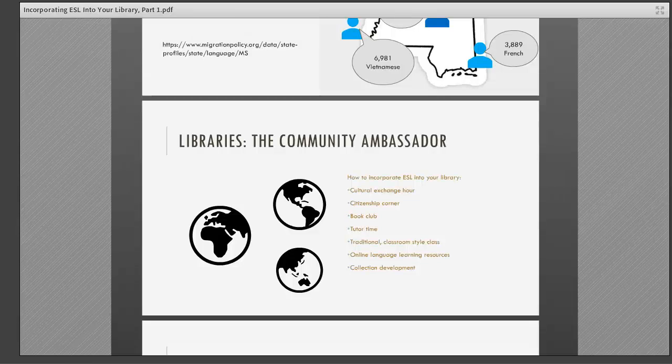Now, a quick snapshot of just some things that are popular in community centers and libraries that I've noticed on my Google searches: things like cultural exchange hours, citizenship corners, book clubs, tutor times, traditional classroom style classes, online language learning resources, collection development. So we'll go through each of these and talk about them in a little bit more detail.